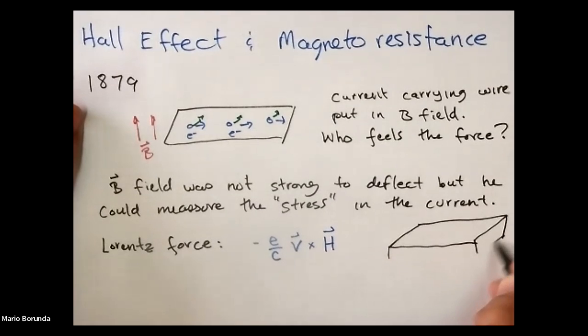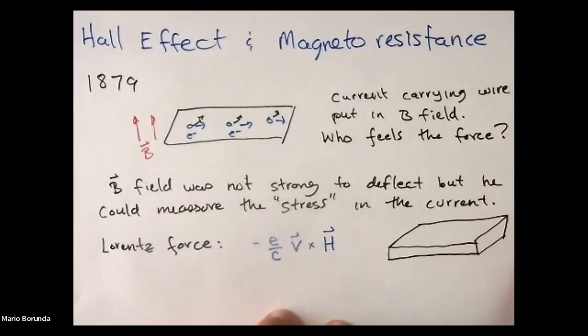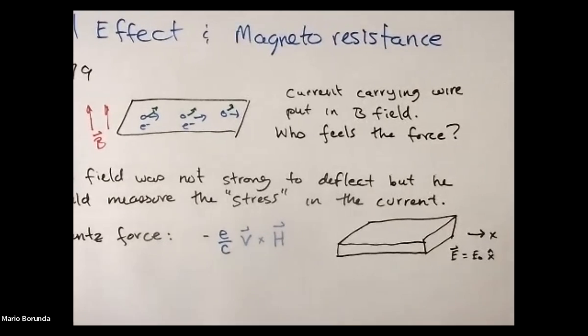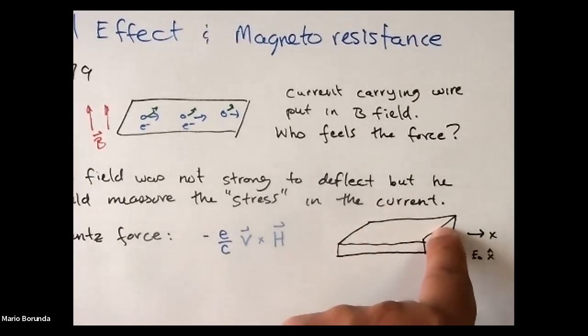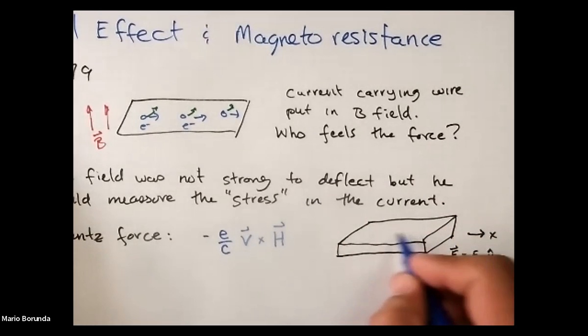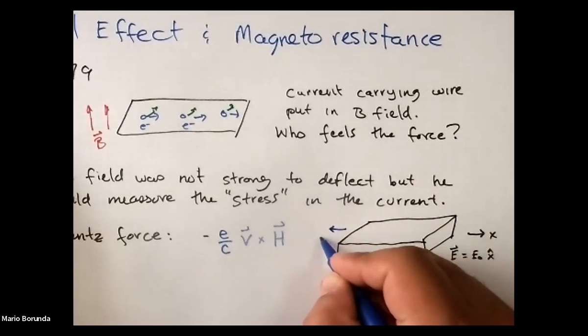So it was a thin film. Imagine that this is a thin film. What he did first is, let's say this was the X direction, and there's an electric field that goes in the X direction. Okay? So that's the first thing about the setup. There's an electric field in that direction applied. So the current is flowing, if it's electrons, in this direction, right? So we're going to have electrons here, and they're moving with this velocity.